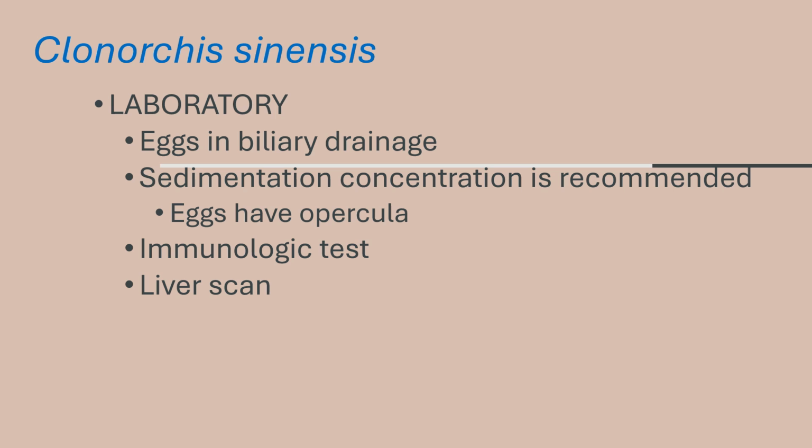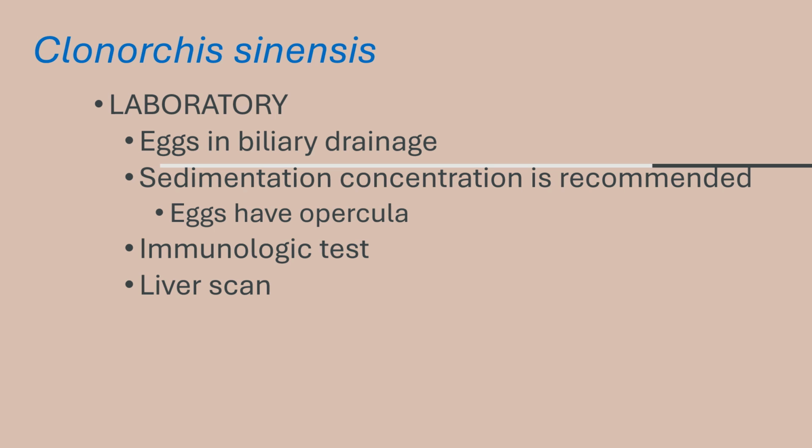But please note that in case of biliary obstruction, the eggs of your Clonorchis sinensis are not found in the stool, because the adult worms are capable of blocking the biliary tract. That is why the eggs are not found in the stool in case of biliary obstruction. What is the remedy? You do needle aspiration, surgery, or autopsy specimens.